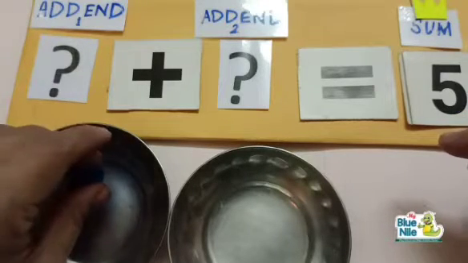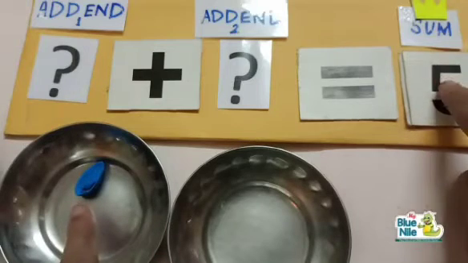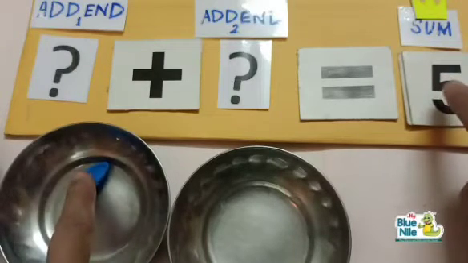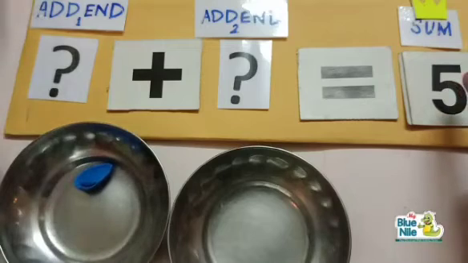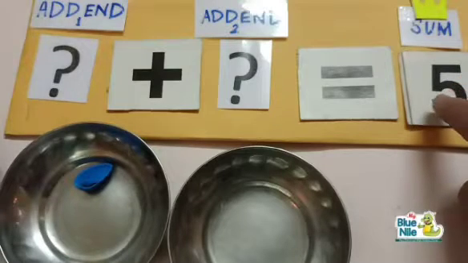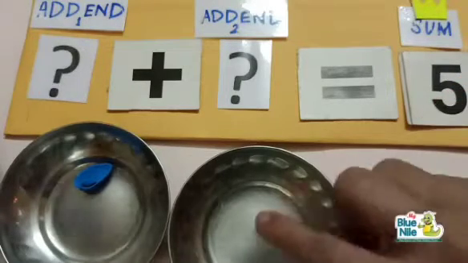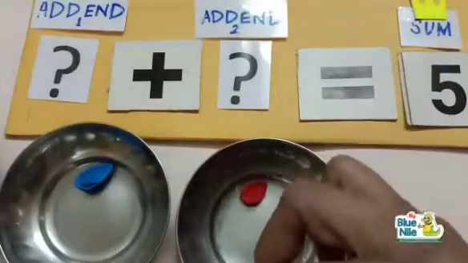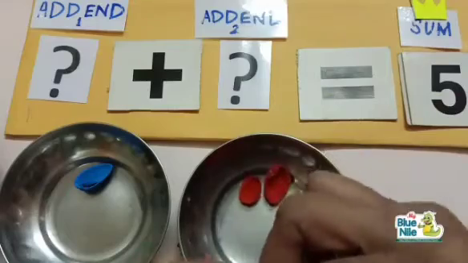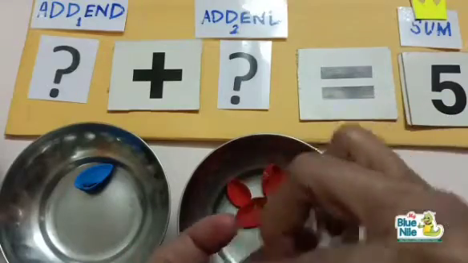You can start with 1 here. So you want your answer to be 5. I've taken 1 shell here, and how many do I add to the second here for addend 2? 1, 2, 3, 4 and 5.